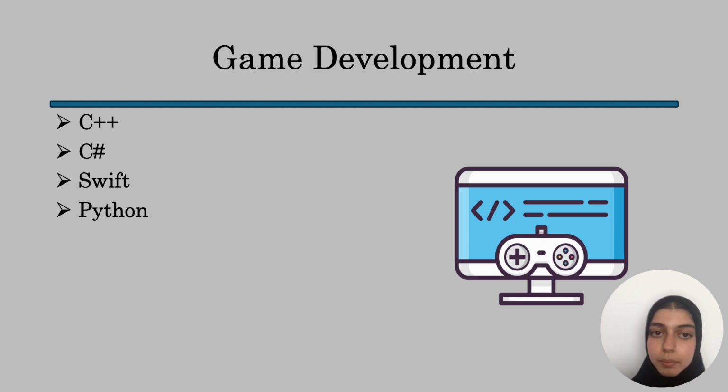Then we have C#. These are two separate languages. I know that some people get them mixed up because they have symbols after them, but they're two separate things. C# is used in game engines such as Unity, but it's mainly created with Unity, so it's very dependent on it. It's very hard to use with any other game engine, so it kind of requires Unity.